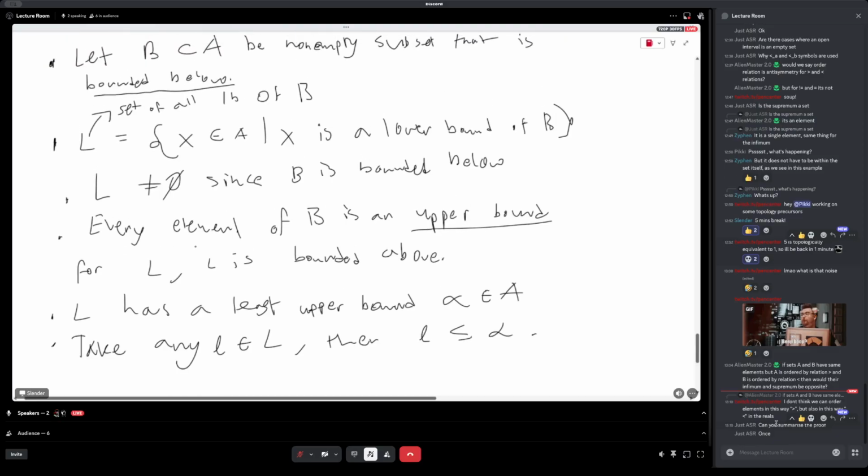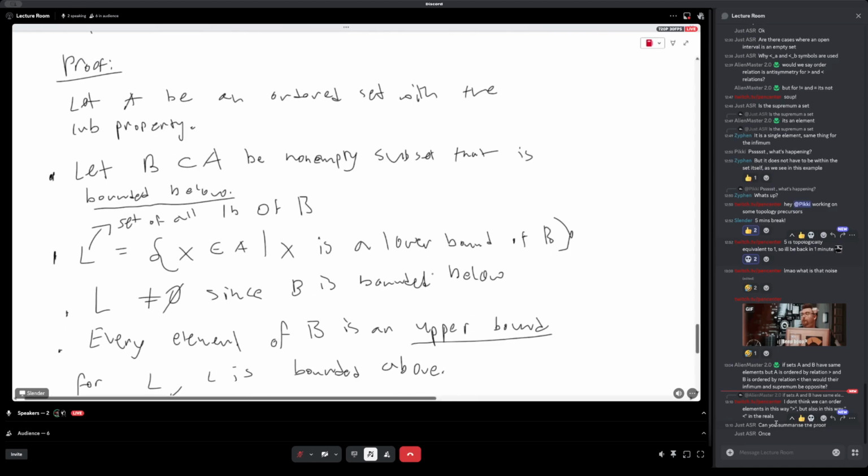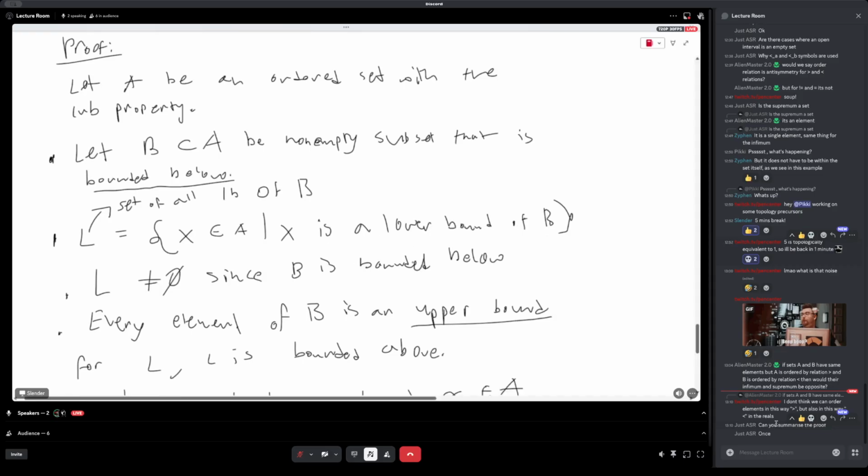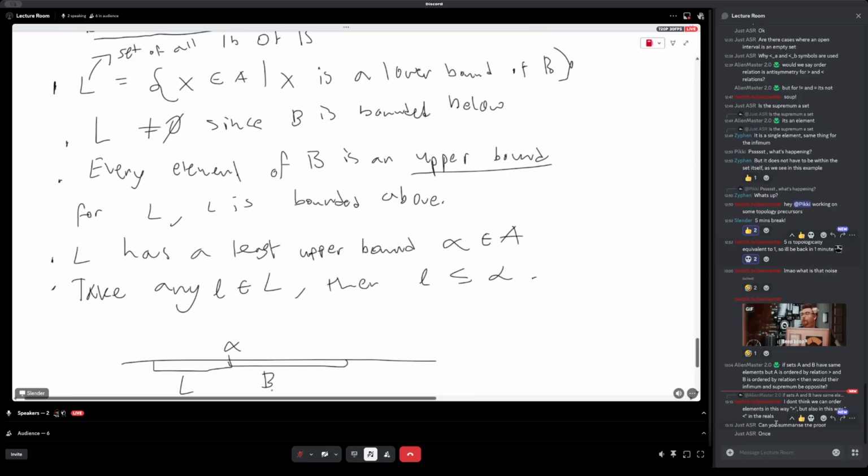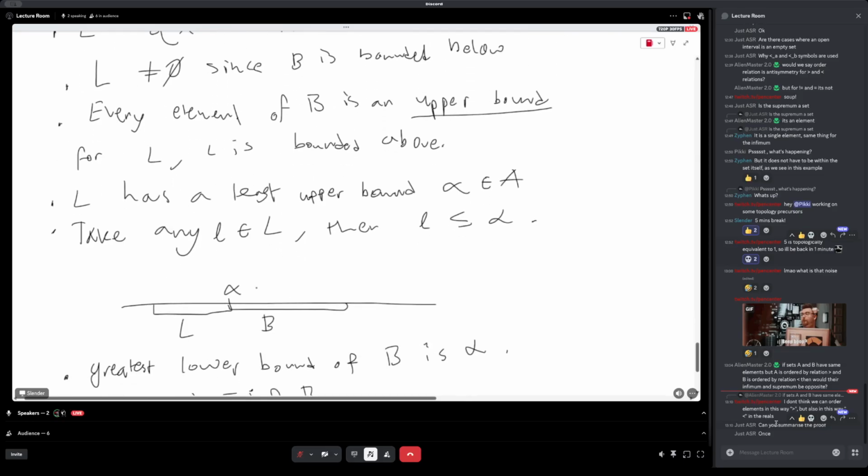Then every element of B is an upper bound for L. So L is bounded above because the elements of L are less than the elements of B, and the elements of B are greater than L. You can see in this picture here. So L is bounded above. Since L is bounded above, it has a least upper bound. Let's call it alpha. That's in this set A.